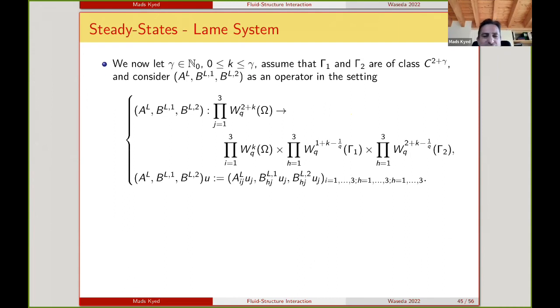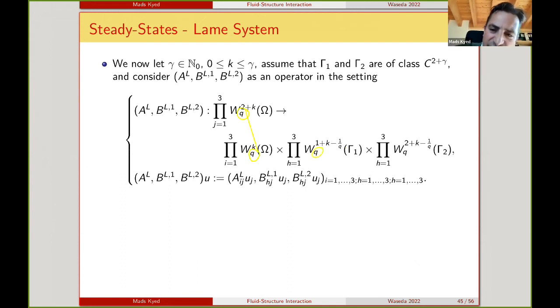After we have fixed the weights, from the weights follows the setting of function spaces that we need to use. Now, for some reason, I have changed the exponent of our Sobolev spaces from a p to a q.